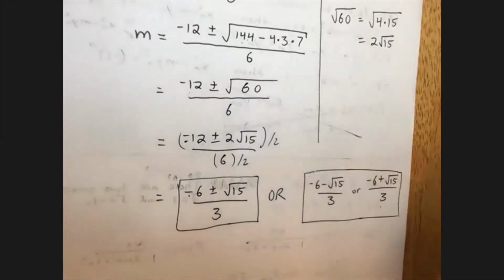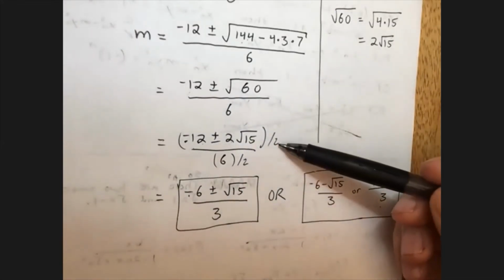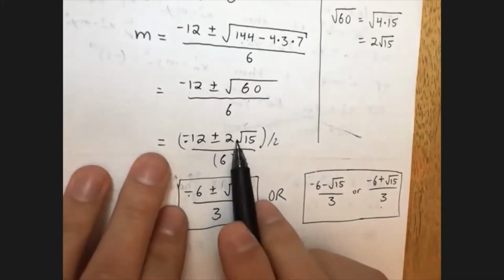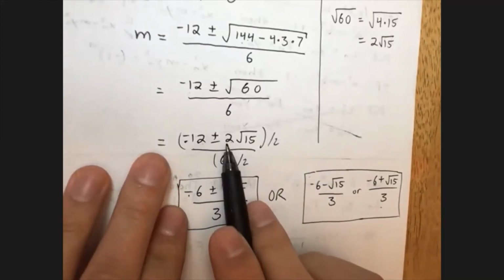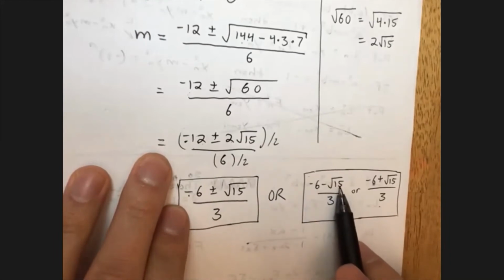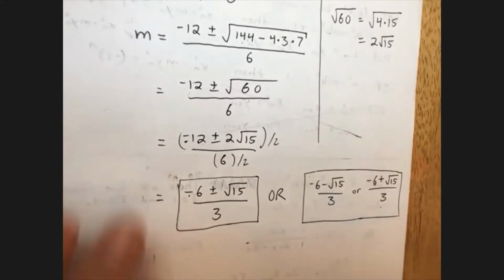What I did do is divide the numerator and denominator by 2, but when I divided by 2, I divided both of these by 2, right? Not just one of them. So you can't just cancel the 3 with the 6 and ignore the root 15. If it doesn't go into there evenly, you can't do that. So this is as simple as it gets. This is fully simplified.